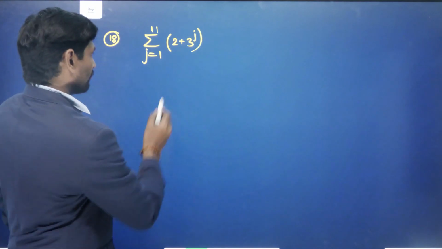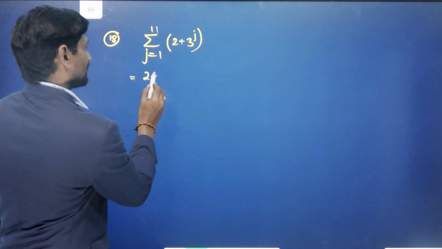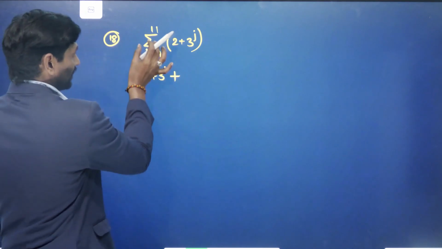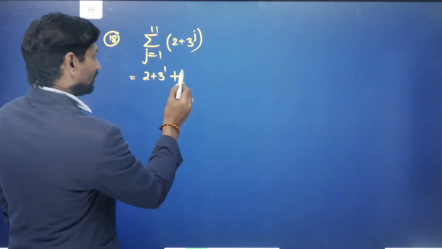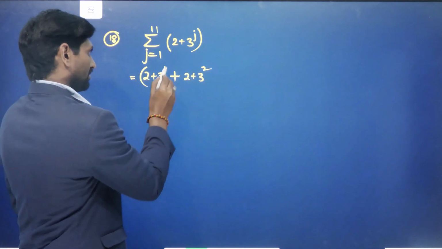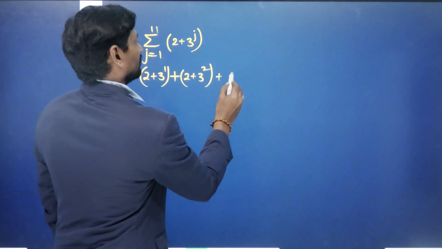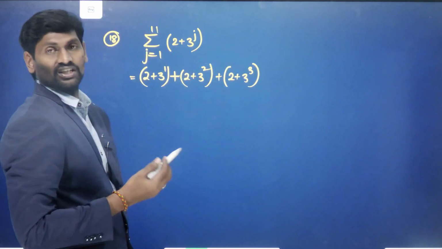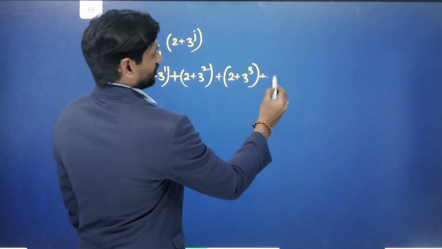That means this is 2 plus 3 power 1. Sum means sigma is nothing but sum of. Now the second term is 2 plus 3 square, the third term is 2 plus 3 cube, that means in the place of j we put the values, and so on.